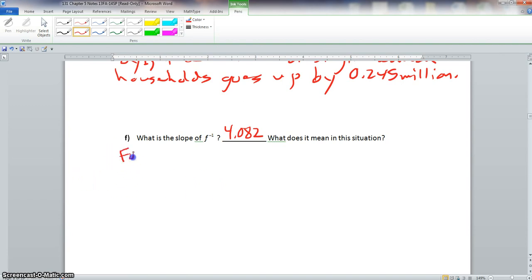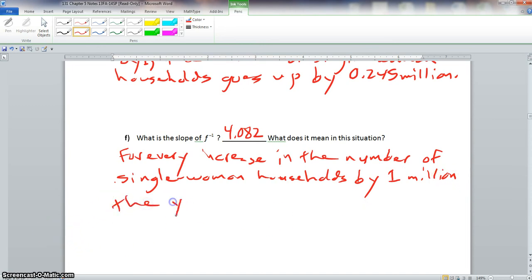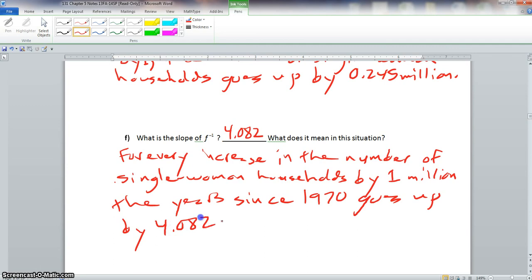But what this means is, for every increase in the number of single woman households by 1 million, the years since 1970 goes up by 4.082 years. And that is the final answer.